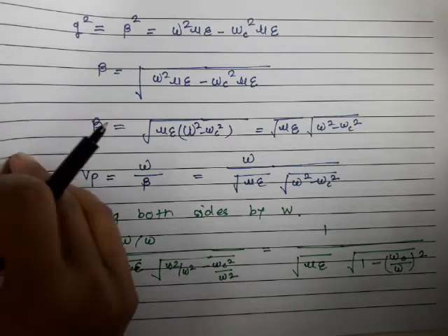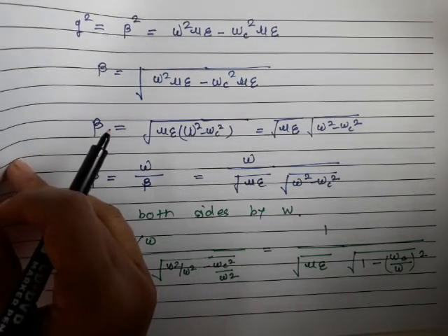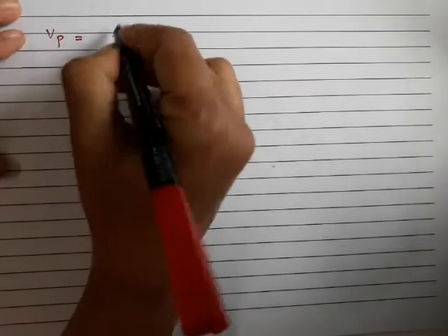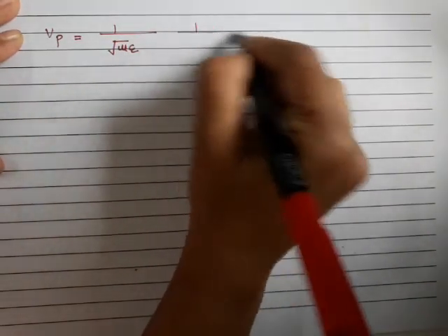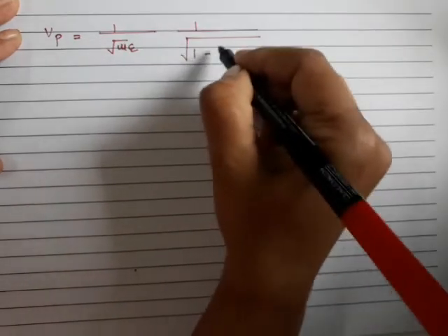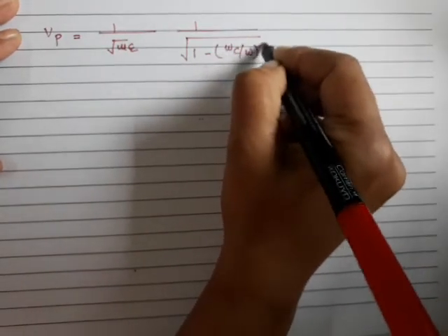So my further equation will become, after solving, Vp is equal to 1 by root mu epsilon times 1 divided by the square root of 1 minus omega c by omega square.